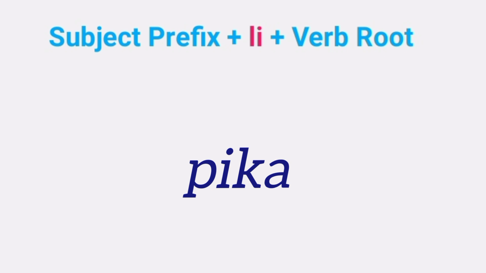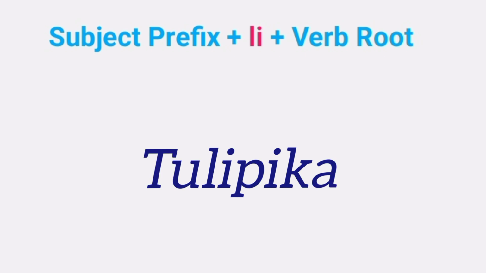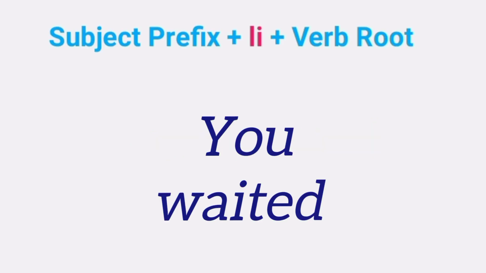Now, the marker that replaces we in Swahili is tu. So we write tu first, and we add the prefix li, and we have tuli. Now we add the verb root pika, and we get tulipika. We cooked. We cooked yesterday. We cooked rice.